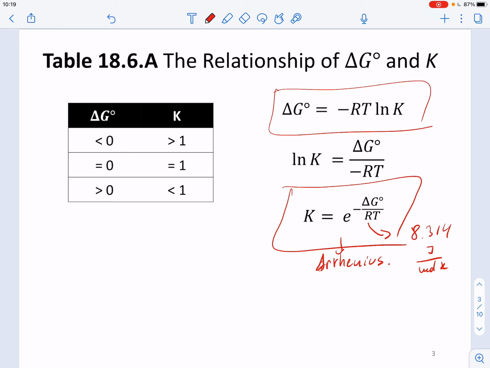So when delta G is less than 0, and this is negative, our measure of spontaneity is that delta G equal or less than 0, negative delta G, this is a spontaneous process. Now, if we go back to our generic equilibrium equation, incorporating the concept of spontaneity with delta G and K, a delta G negative for the reaction as written means that the reaction is spontaneous in the forward direction, right?